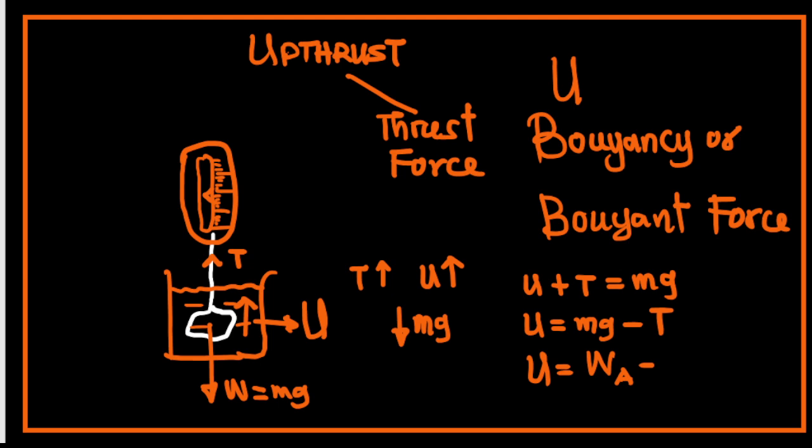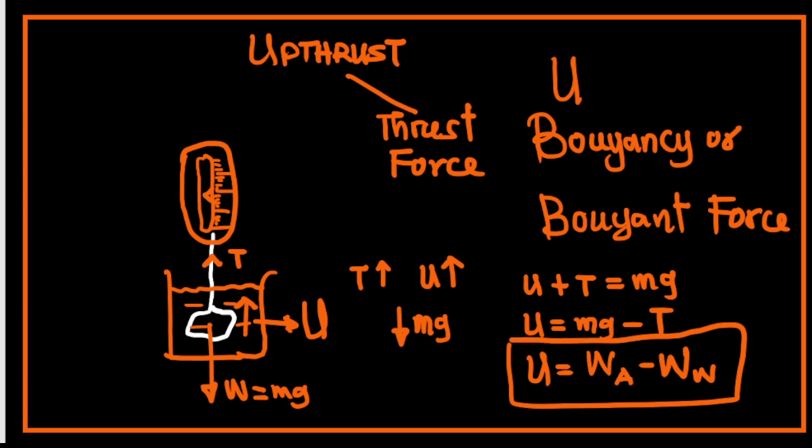So if the weight of the object before you insert it into the liquid is denoted WA, which means weight in air, the one while in the liquid, let's call the liquid water, is going to be WW. So this is how we arrive at upthrust being weight in air minus apparent weight in the liquid.